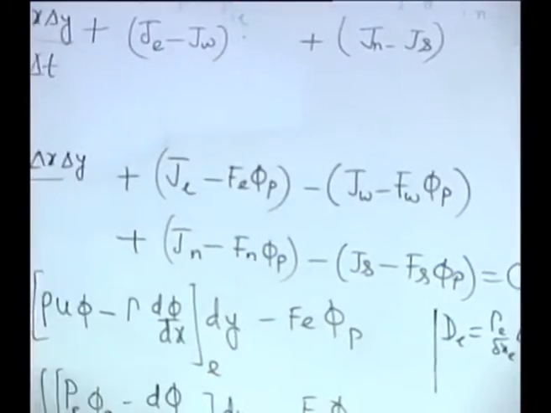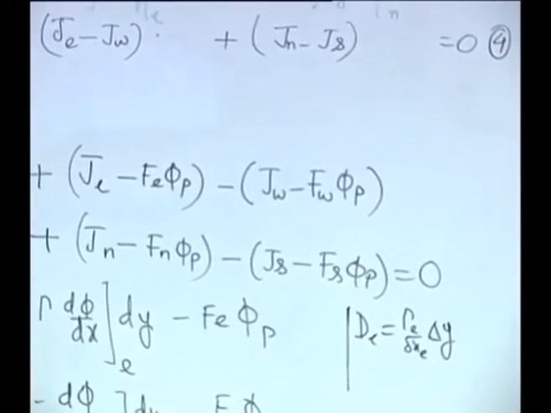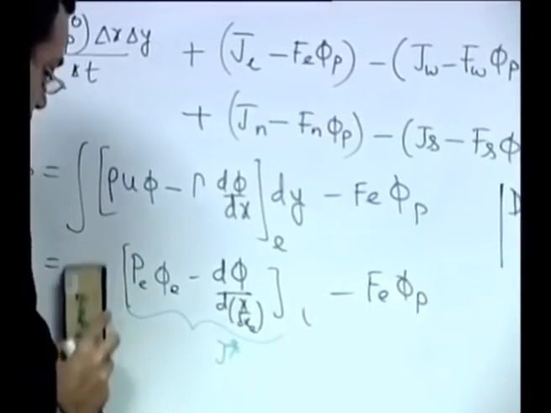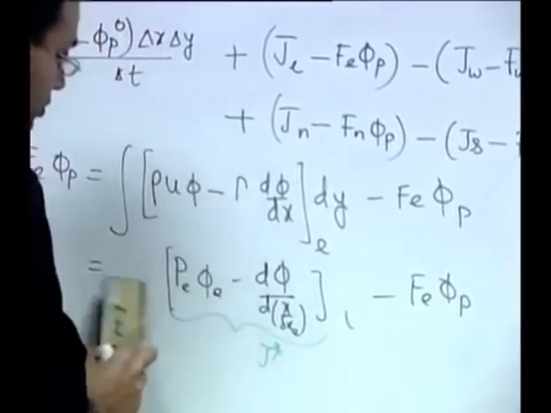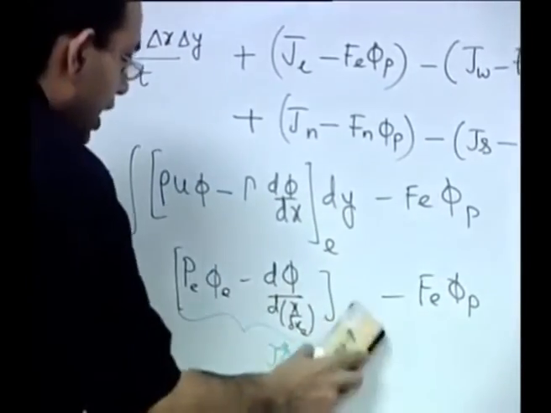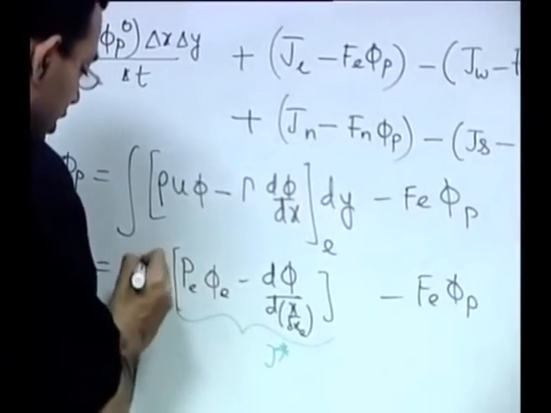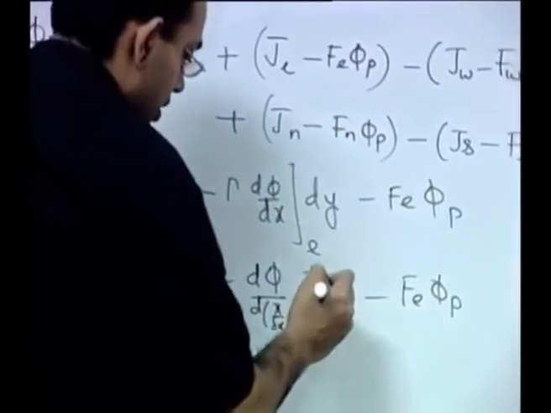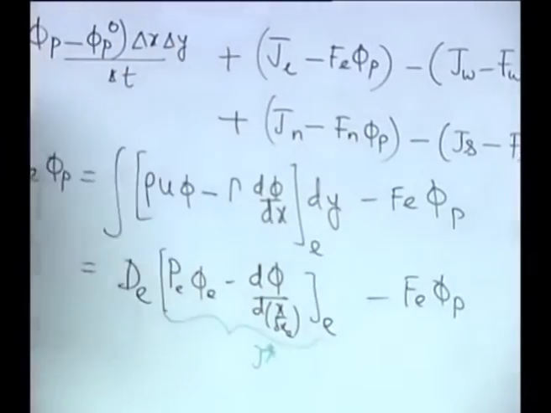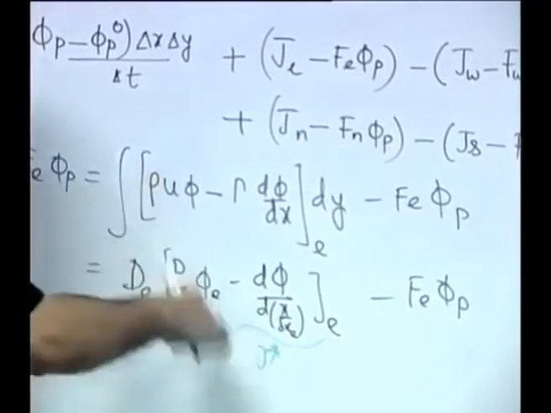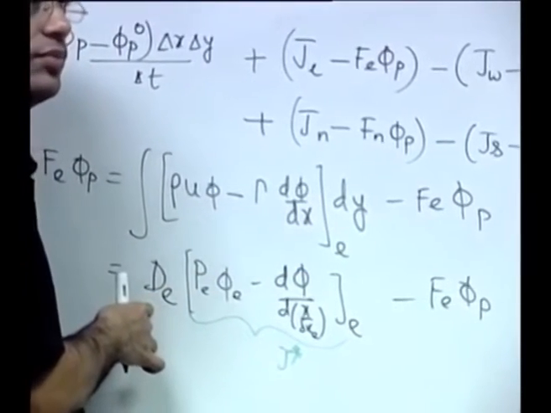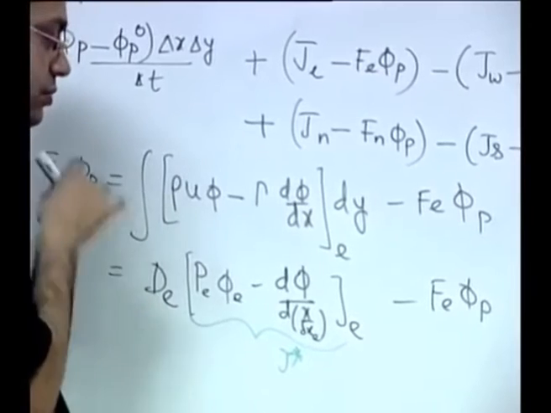So, we can write this as dE into J star at E. That integral of dy, that is delta y, has been accommodated in this dE term.